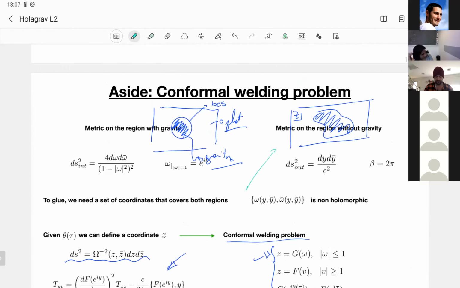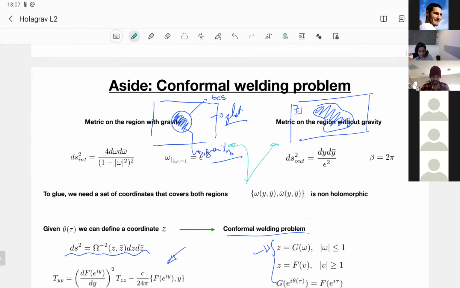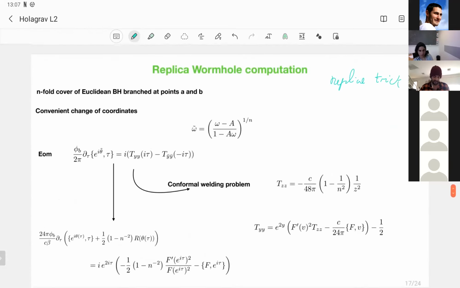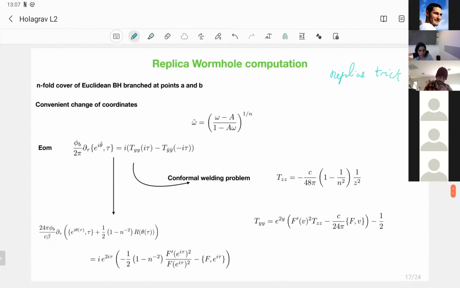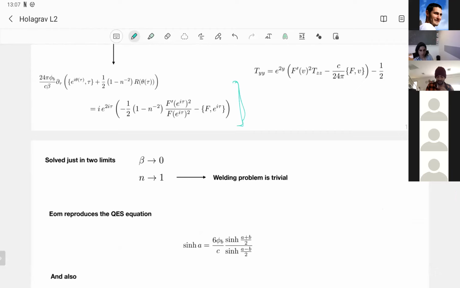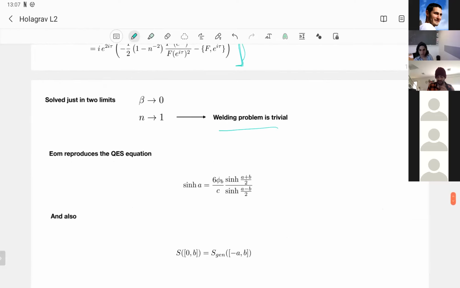But now you have n copies of this system, and you have to paste them in some smart way. Well, in this case, it's easy. People find the on-shell action, and this equation was not solved for any n, but you can take some limits, and in this limit, you can see that you obtain the same result as using the quantum extremal surface condition.